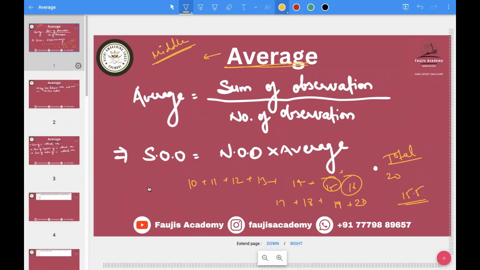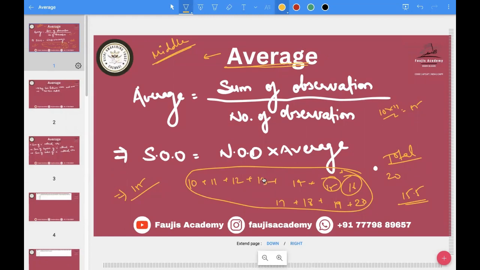It is n into n plus 1 by 2, 10 into 11 by 2, 55, plus 100, that is 155. If you add all of this manually, 10 plus 11 plus 12 plus 13 up till 20, it comes out to be 155. Any problem?